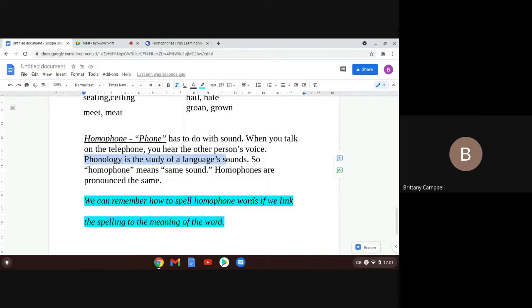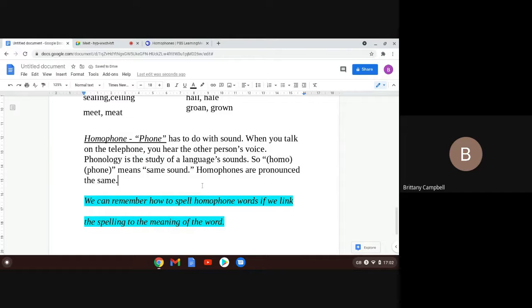Phonology is the study of a language's sounds. So homophones mean same sound. Remember, we touched on this, so we can separate them. Homo meaning same, and we have phone referring to sound.